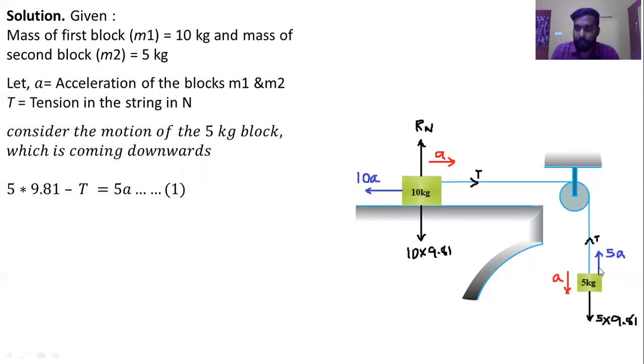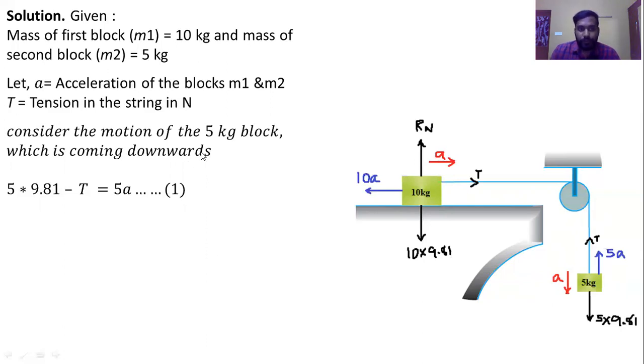So maybe this 5 kilogram weight, that is 5 into 9.81 Newton, may not be sufficient for moving this 10 kilogram block if there is some friction acting between the block and the surface. But in this case there is no friction, so definitely the 5 kilogram block is going downwards and the 10 kilogram block is moving rightwards.